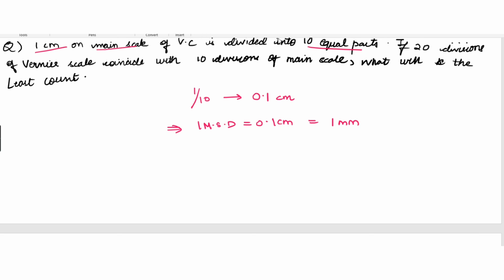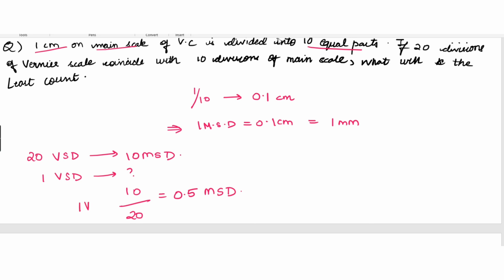Next, they have given 20 divisions of the vernier scale coincides with 10 divisions of main scale. From this, we can find how much is one vernier scale division in terms of main scale division. On simple cross multiplication, you get 10 by 20, which is 0.5 main scale division. We know one main scale division is 1 millimeter, so 0.5 into 1 millimeter gives 0.5 millimeter.